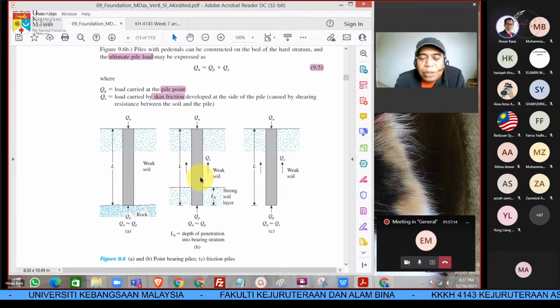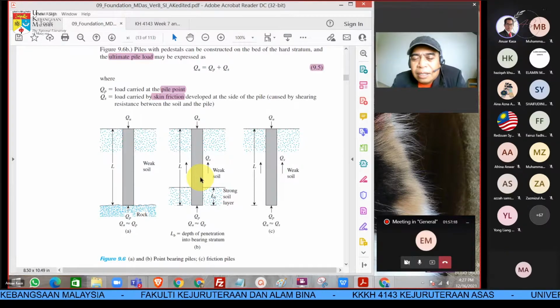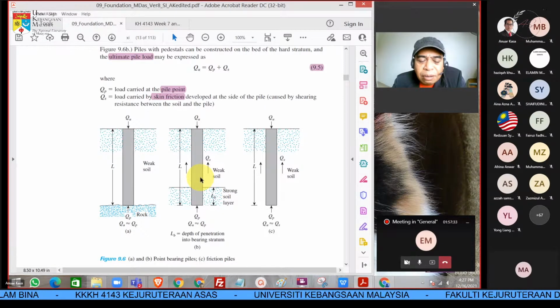Normally skin friction is not big enough or large enough to handle the structural load. So the ultimate load of the pile, since there is no rock, needs to depend on the skin friction also.